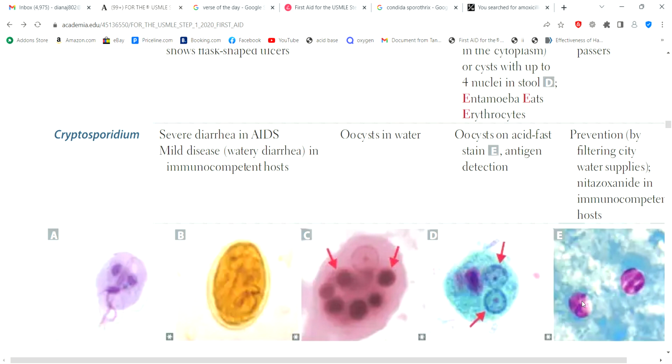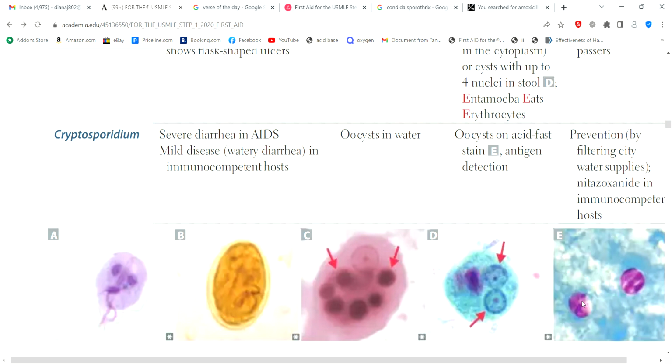Filtering removes oocysts from infected water. So you can give nitazoxanide or spiramycin for treatment.